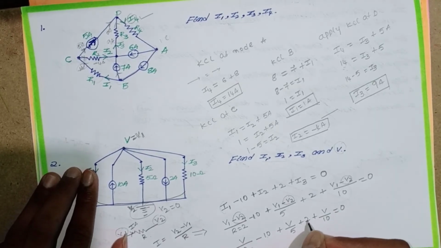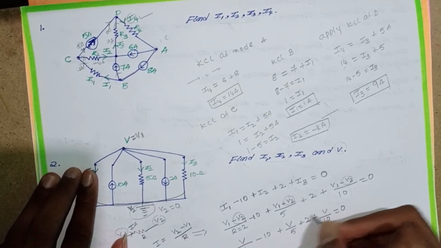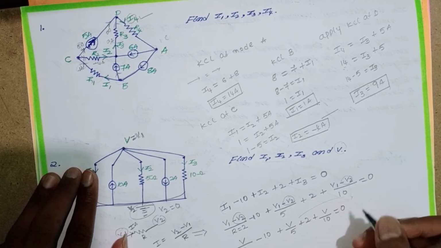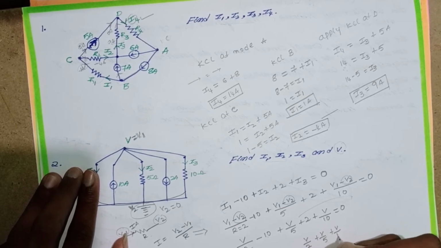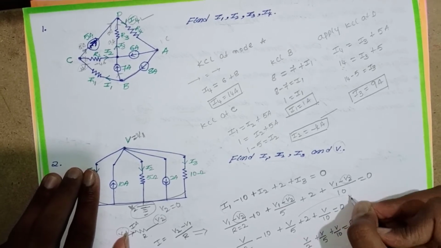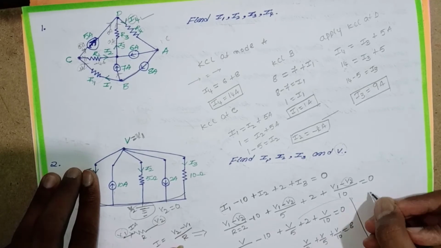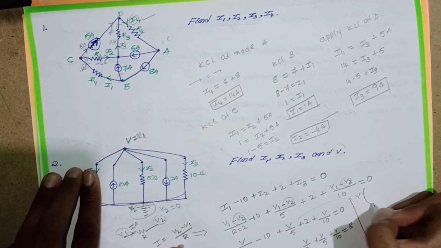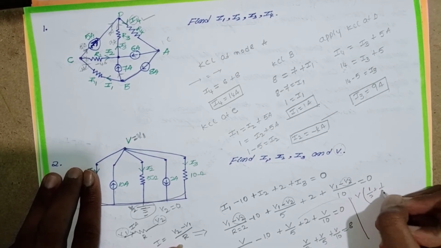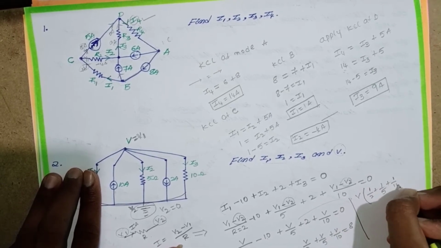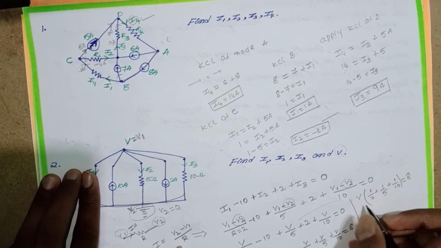10 minus 2 is 8. Minus 8, this side will go to the other side, plus 8. V by 2 plus V by 5 plus V by 10 is equal to 8. I take V common from all of these. 1 by 2 plus 1 by 5 plus 1 by 10 is equal to 8.